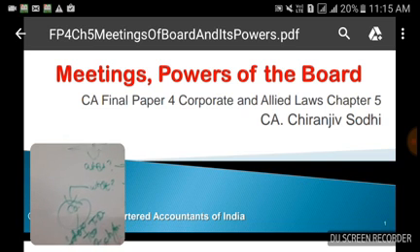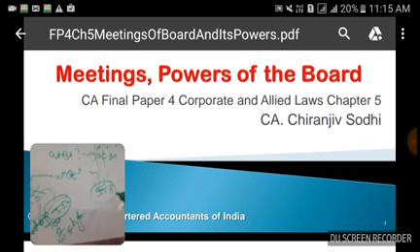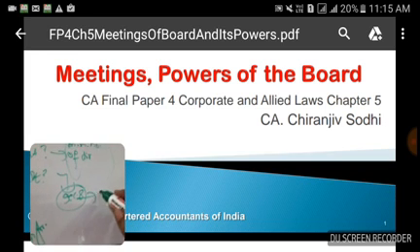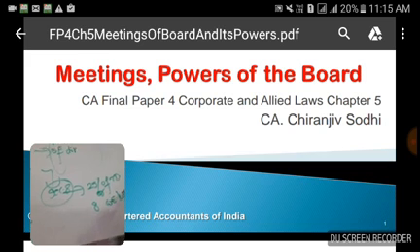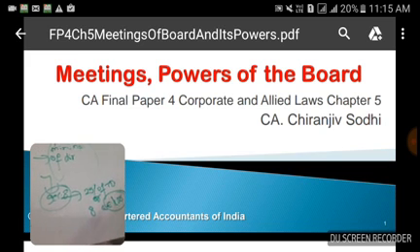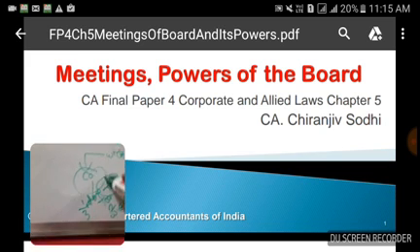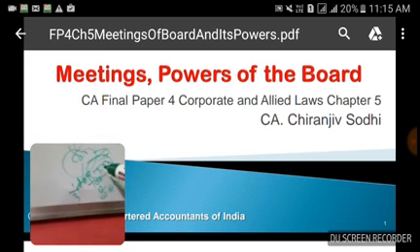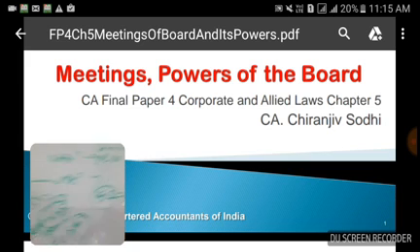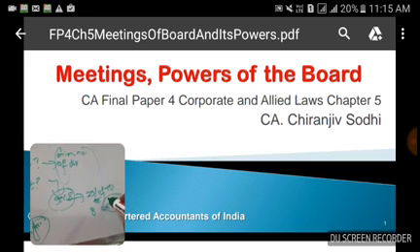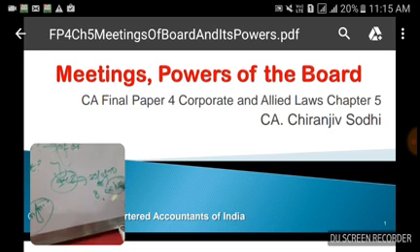I'm writing shortcuts; this TD means total directors. And for section 8, 25% of total directors or 8, whichever is lower. Make a note that for other companies it is 1/3 or 2, whichever is higher; for section 8 it is 25% of the total directors or 8, whichever is lower.